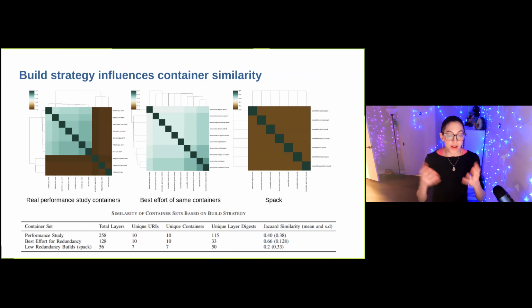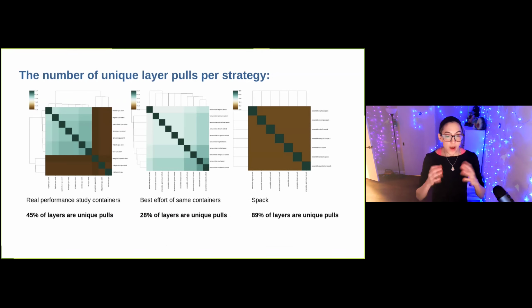And so there's a table at the bottom, and this is more in the paper, but the takeaway point here is that when we look at unique pulls that would be required for each build strategy, when you make a reasonable effort, 45% of layers are unique. So again, that's about half of the layers that need to have their own pull because they're not like any other layers. When you make an effort, only 28% of them are unique.